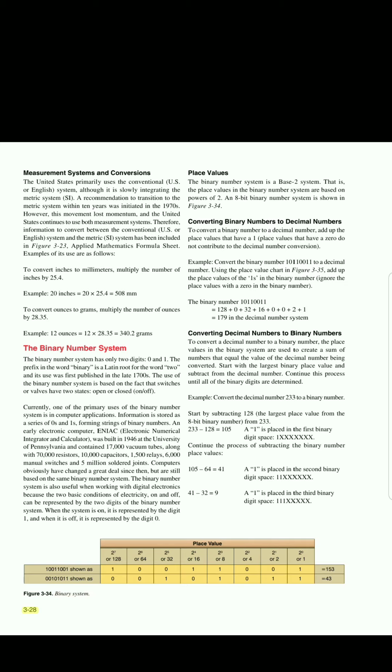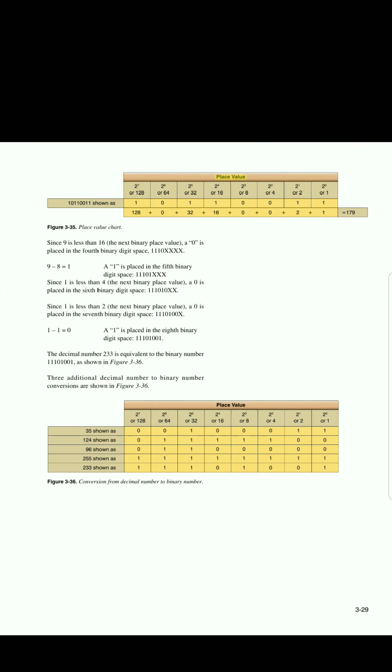Binary system. 10110011 shown as 1, 0, 1, 1, 0, 0, 1, 1. 128 plus 0 plus 32 plus 16 plus 0 plus 0 plus 2 plus 1 equals 179. Figure 3-35. Place value chart.